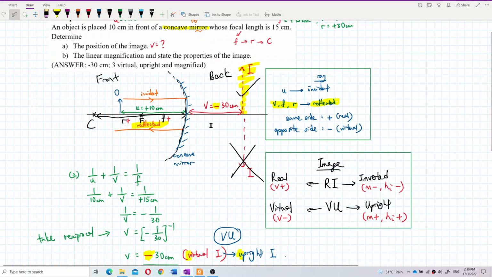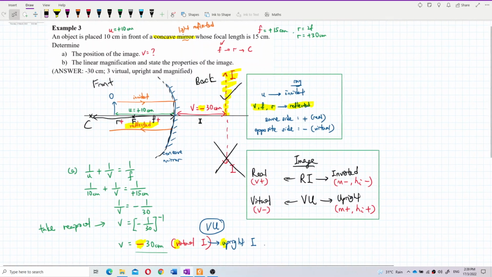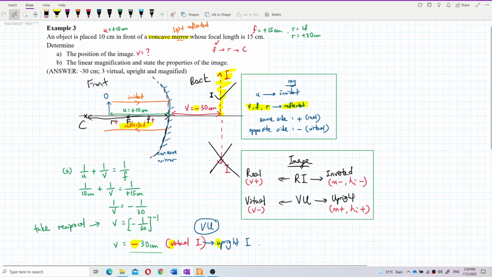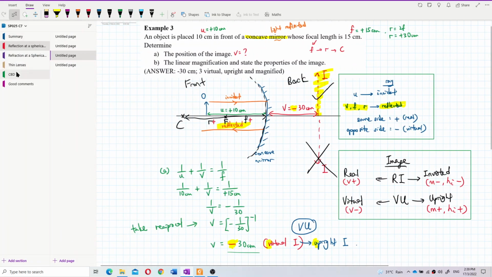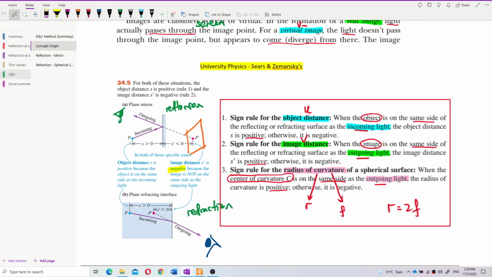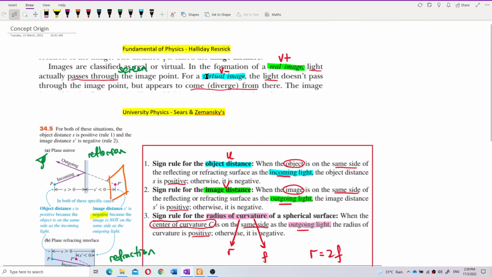So okay, why is this a virtual image? It means the reflected ray seems to originate from the image. Still remember the definition I told you about the concept of virtual image? For a virtual image, the light doesn't pass through the image point but appears to come from there, from the virtual image.